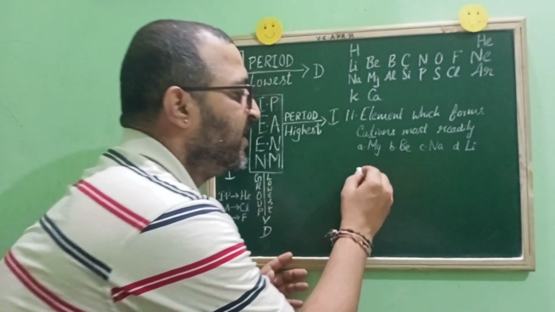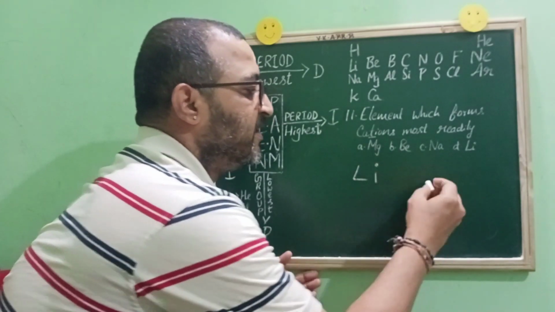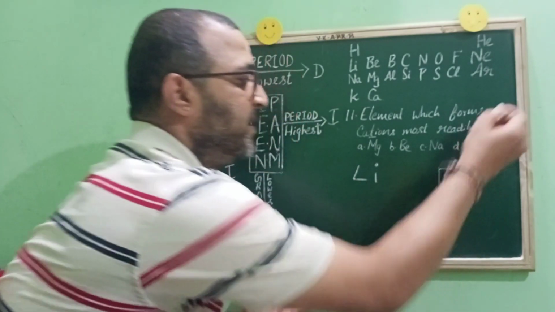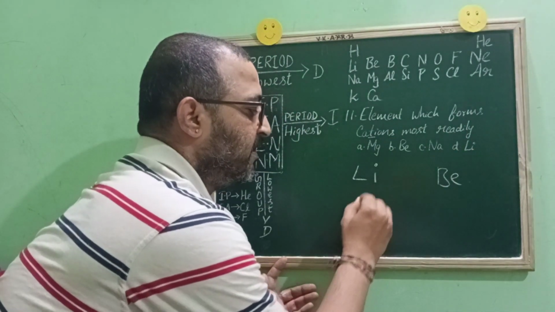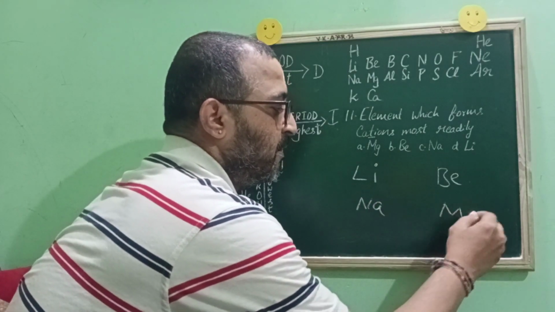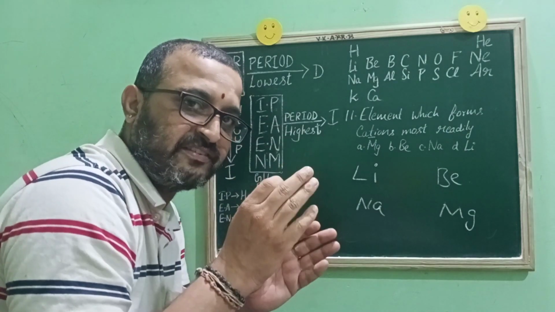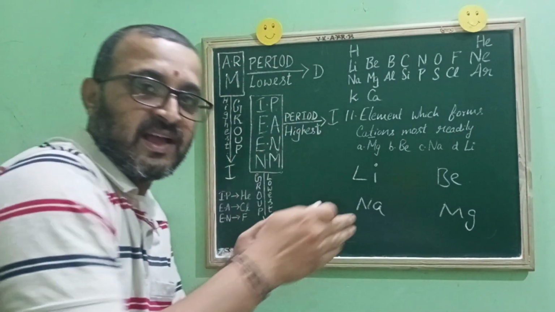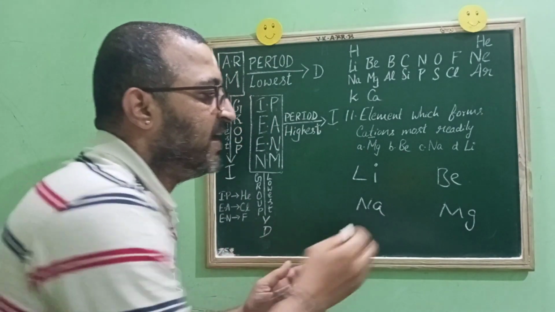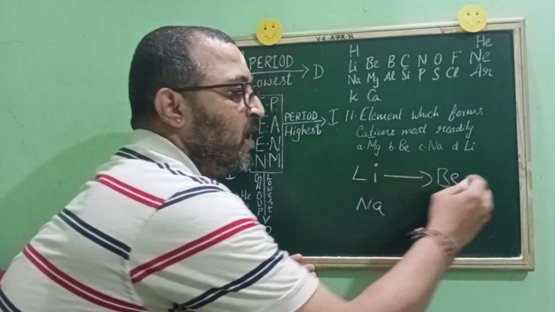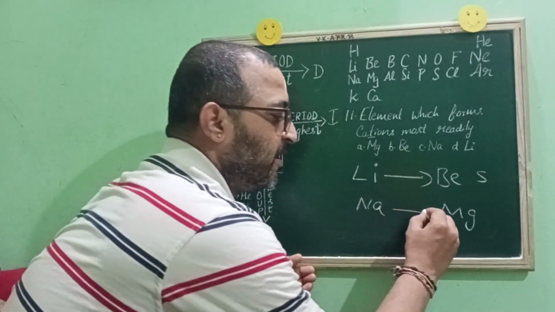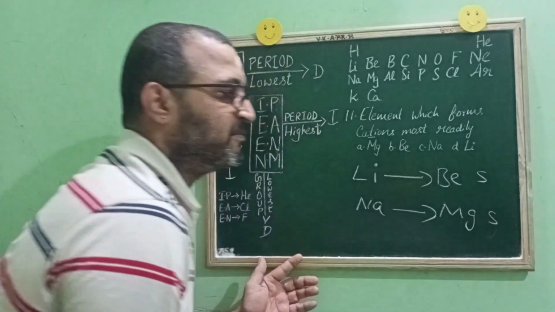When I arrange, it is something like this: lithium, beryllium, sodium, magnesium. We all know that across the period the size will what? Decrease, atomic radius, and down the group it is going to increase. So out of these two, beryllium is the small atom, and out of these two, magnesium is the small, right?